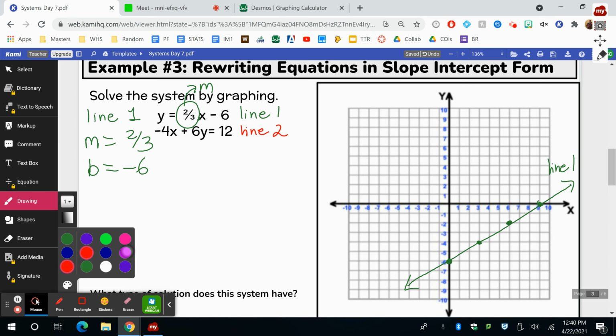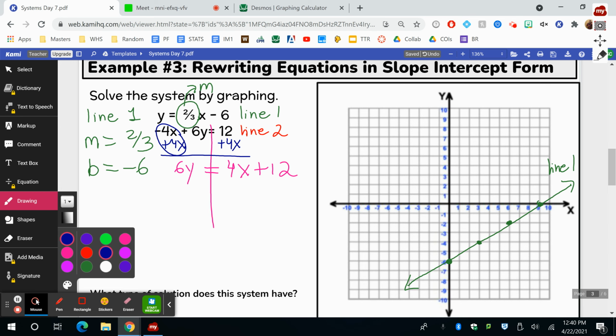Okay, now let's move on to line number 2. So on line number 2, I actually need to solve for y. So again, I'm going to add 4x on both sides. That goes away because it's a zero pair, and I'm left with 6y is equal to 4x plus 12.